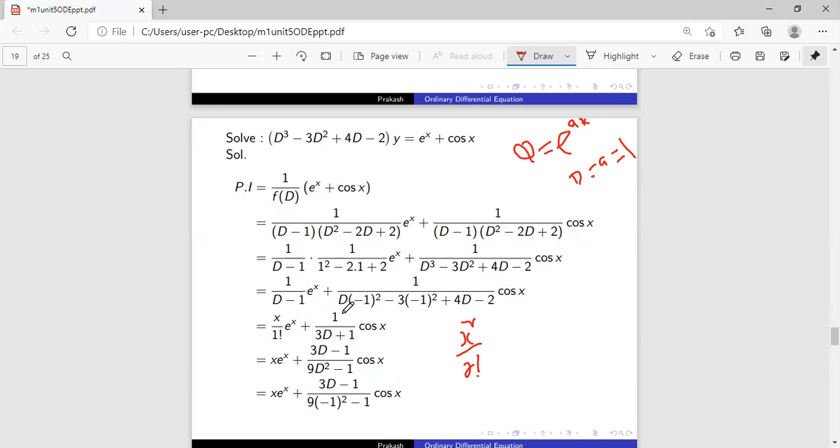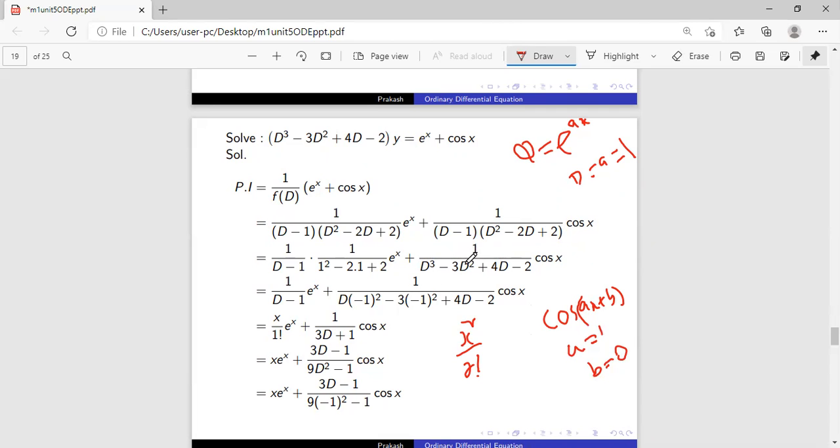Plus, in the second one, the cos x, in general it will be cos(ax+b). Here a equal to 1 and b equal to 0. So we will get cos x, with a equal to 1.